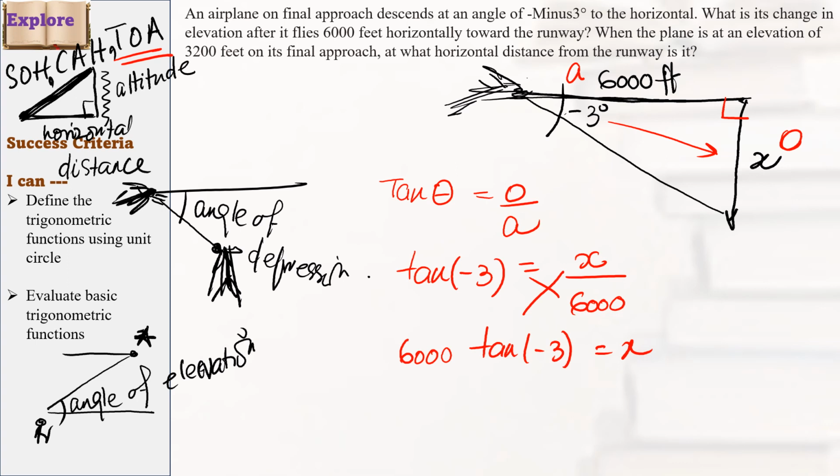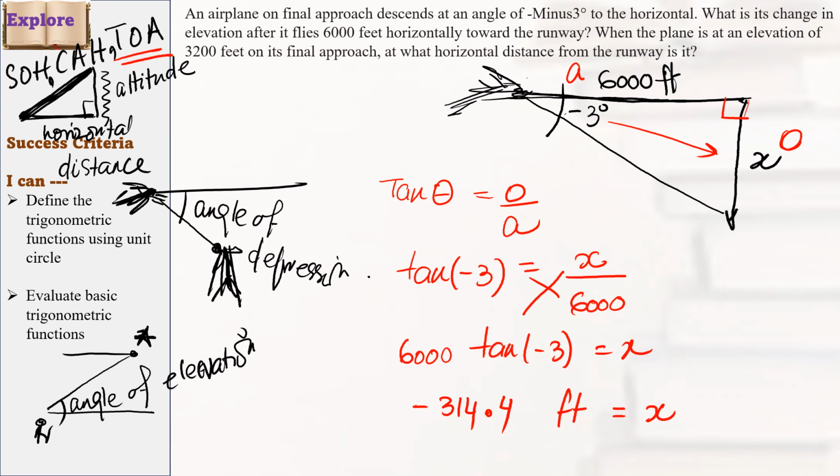So you will get -314.45, or about -314.4 feet. This is the change in the elevation after the plane flies 6,000 feet horizontally towards the runway.